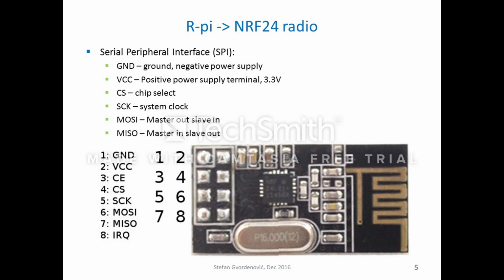It's a data line for the slave to talk to the master. SPI is a vendor-specific, low-level protocol, usually around 2 megabits per second throughput. As I said, the Raspberry Pi in this case would be the master and the radio would be a slave.